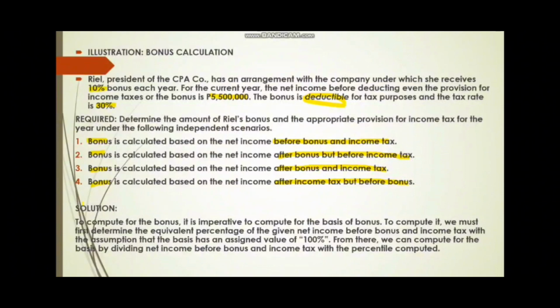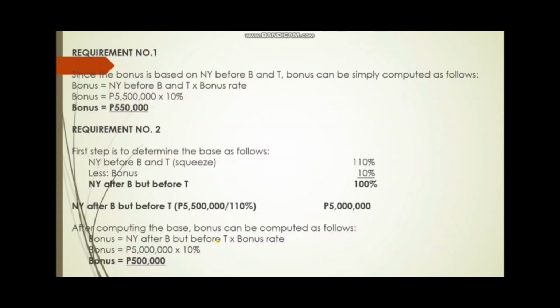Solution. To compute for the bonus, it is imperative to compute for the basis of bonus. To compute it, we must first determine the equivalent percentage of the given net income before bonus and income tax with the assumption that the basis has an assigned value of 100%. From there, we can compute for the basis by dividing net income before bonus and income tax with the percentile computed.